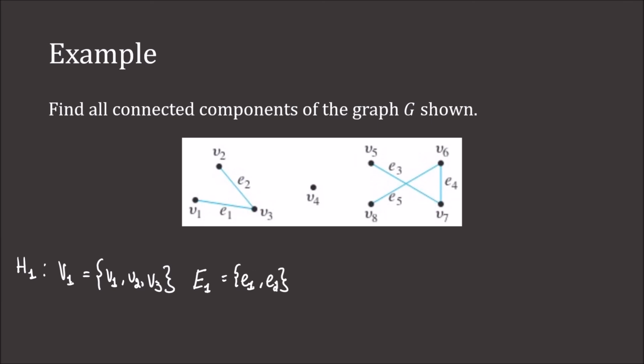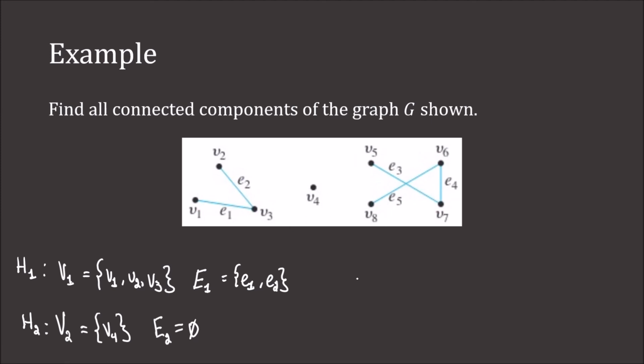So this is a connected component right here. We have H2, which can be described as a set of vertices that contains V4, and the set of edges, which is empty, so it has no edges. That is this component right here.